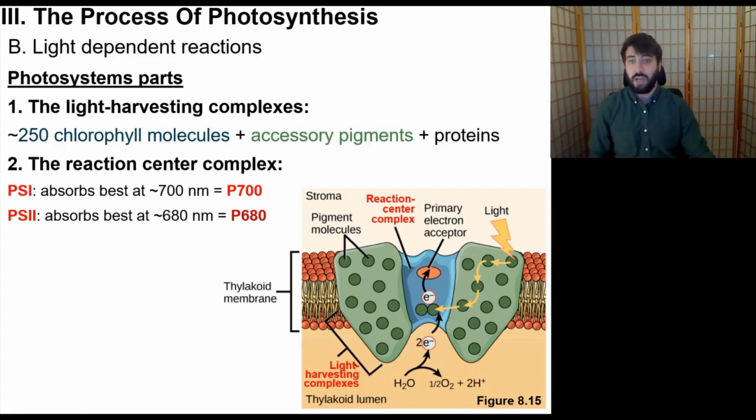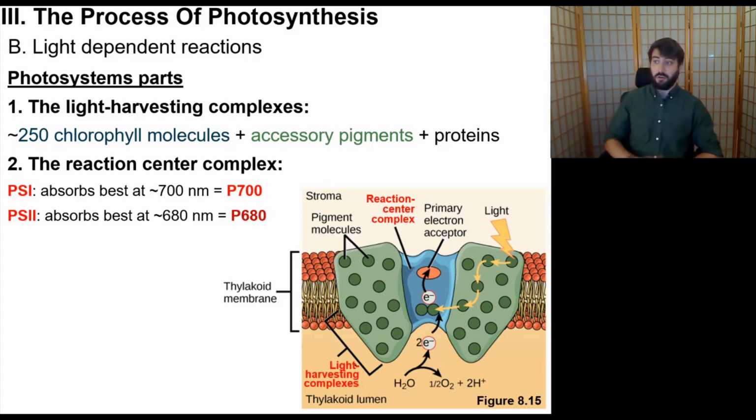In the reaction center complex are specialized chlorophylls that, rather than simply pass the energy, are actually oxidized when the energy reaches them. This means the chlorophyll in the reaction center complex can pass on an excited electron for use. Fundamentally, photosystem 1 and photosystem 2 are very similar in structure and function, but there are a few differences.